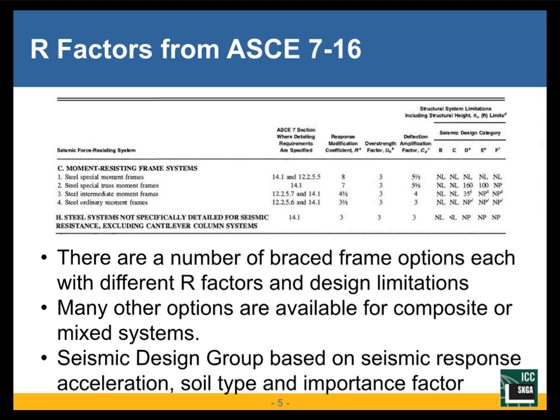But in the far right, you'll see that there are limitations on the height that we can use the equivalent lateral force method. And this is based upon the seismic design category, which is really based upon the seismic response spectra for the region you're designing the structure for, the soil type, and the importance factor of the building.